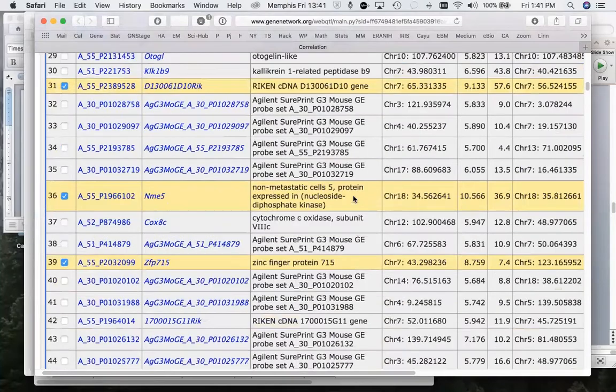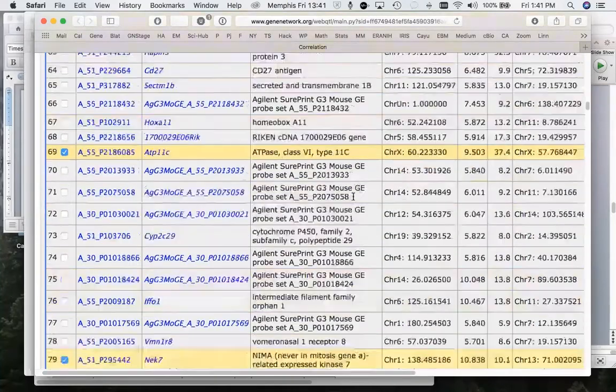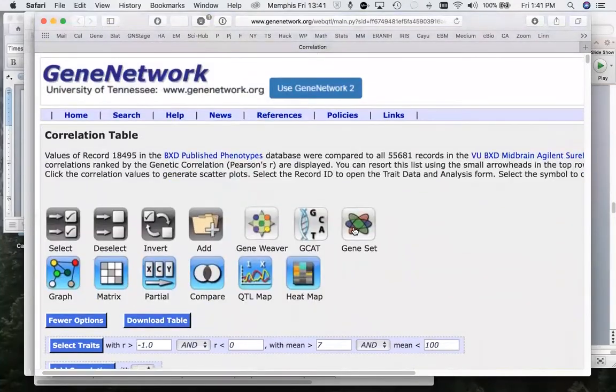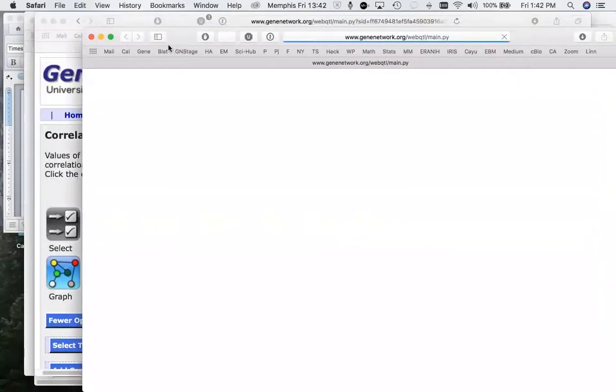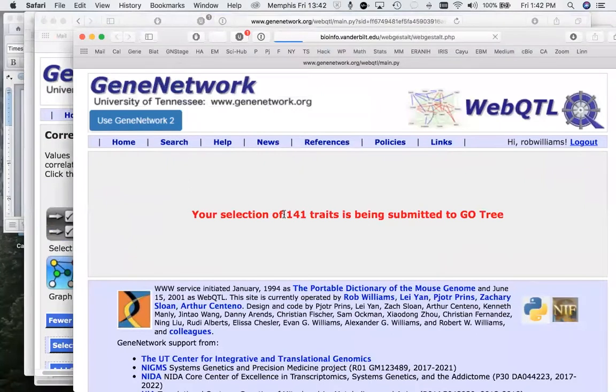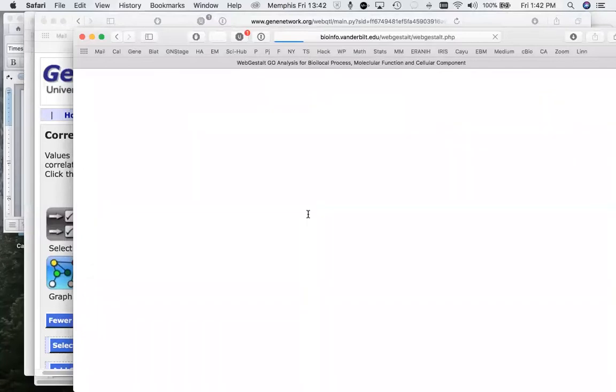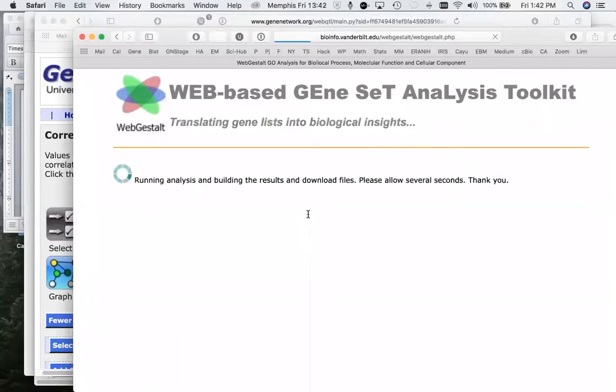So I don't know how many traits here in yellow, let's call it maybe 100, but I can do a gene set analysis of the negative covariates with high expression in midbrain of my cocaine response. And now I'm sending that data set to Vanderbilt, 141 mRNA assays, 141 vectors of data are going to Vanderbilt.